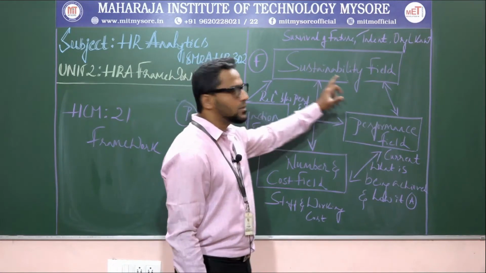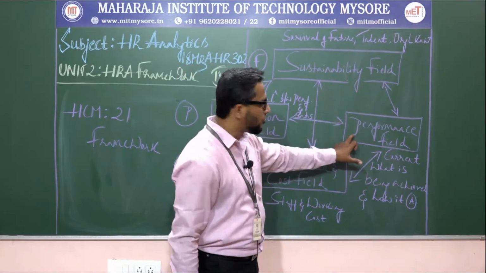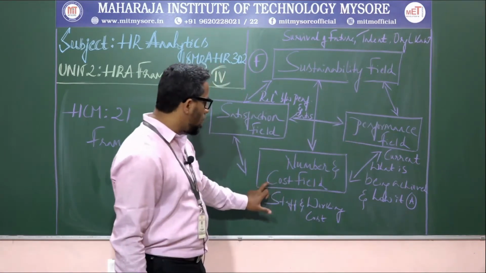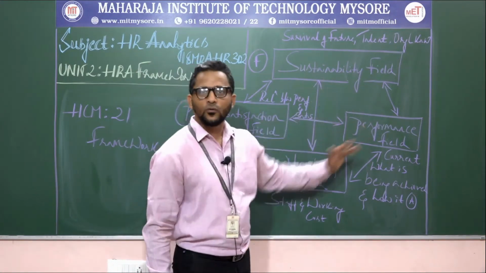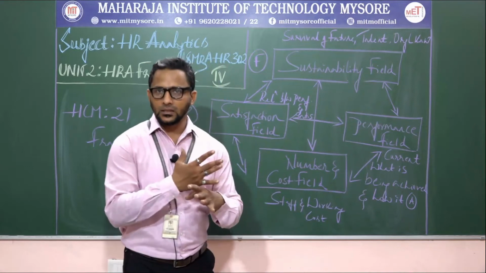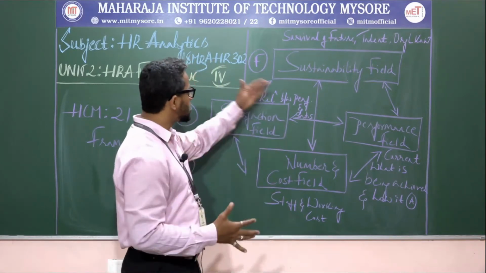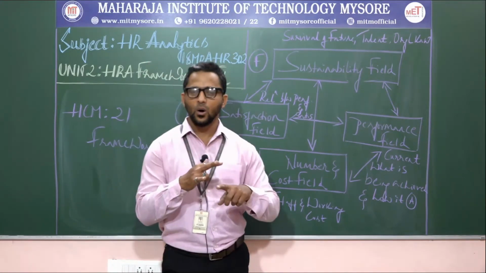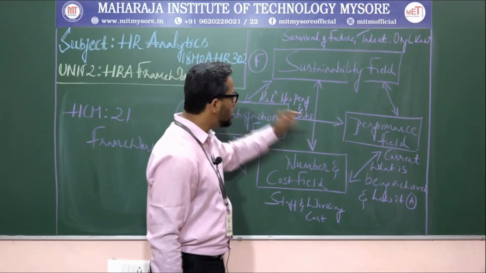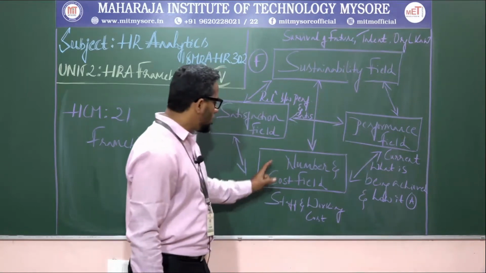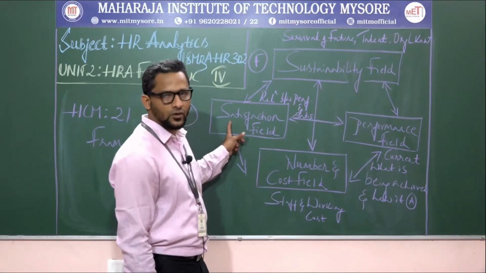One is the sustainability field, and then the performance field, the numbers and cost field, and the satisfaction field. Remember that all these 4 fields are cross-linked, they are interlinked, whichever you take, they are all connected in all directions.